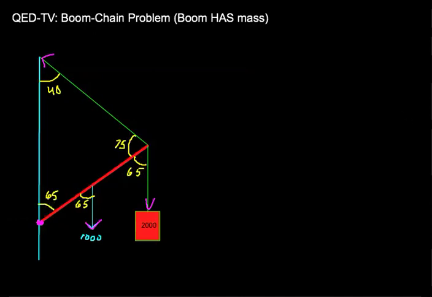So if we do that, let's draw in some lines here. I'm going to draw a vertical here like that, and another vertical here, and another vertical that would come up like that. And then we'd have parallels.